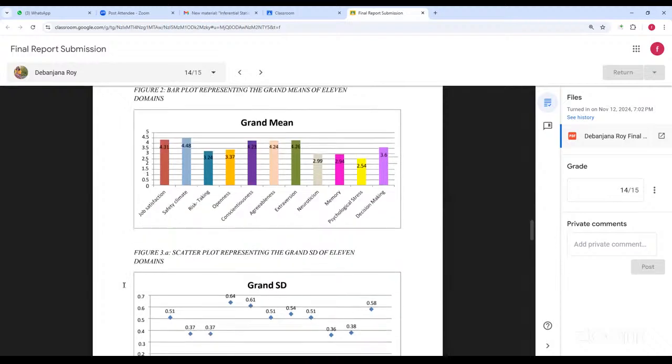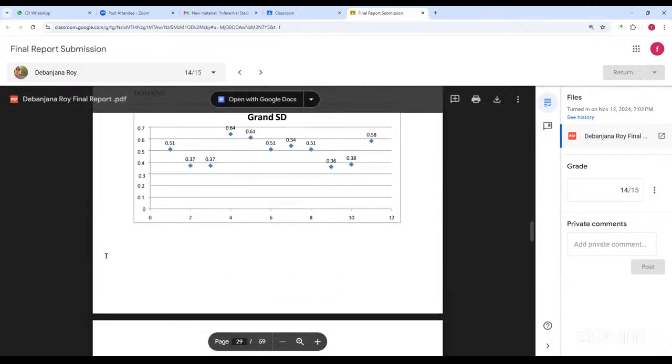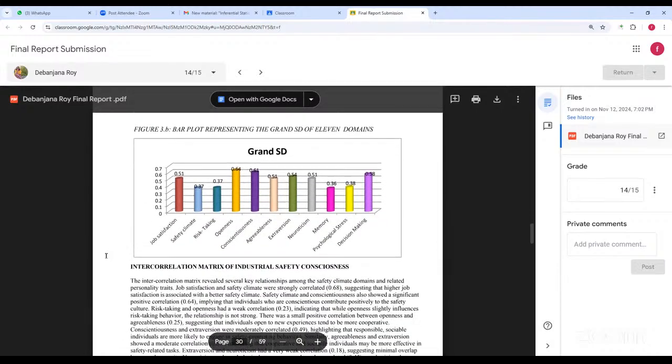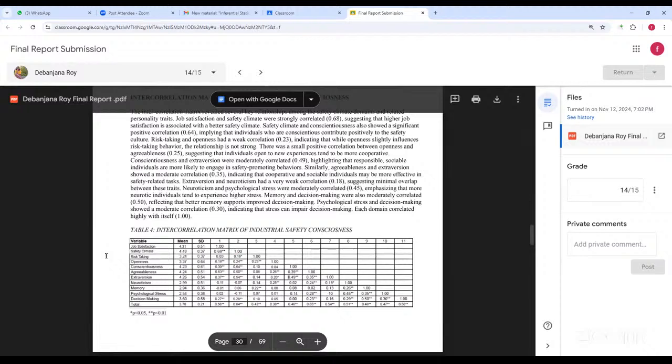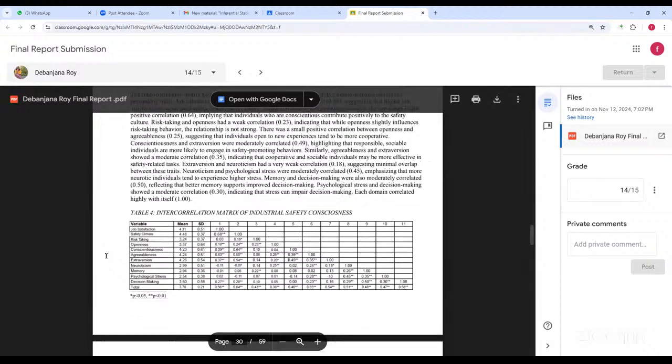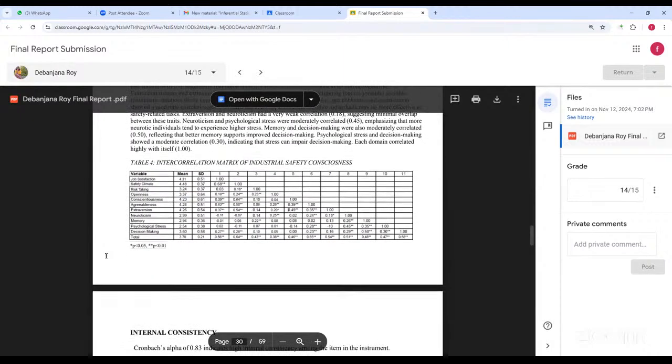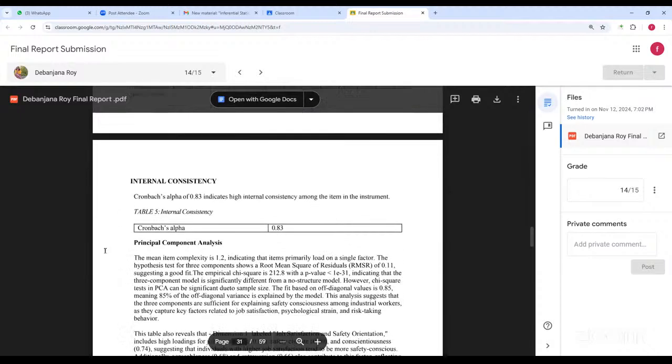Mean is not applicable here. Next. Instead of the correlation matrix, you have to show the contingency table. That is better.